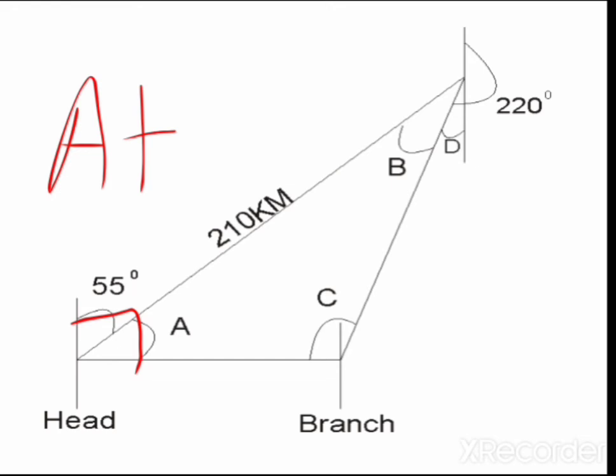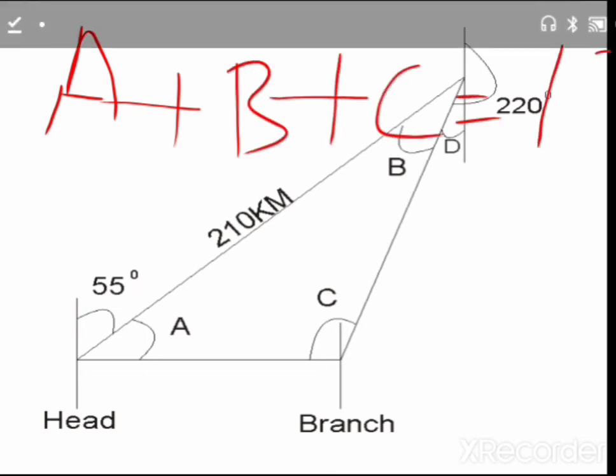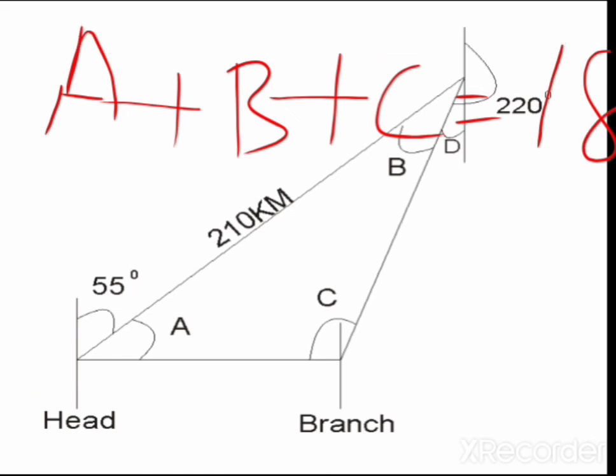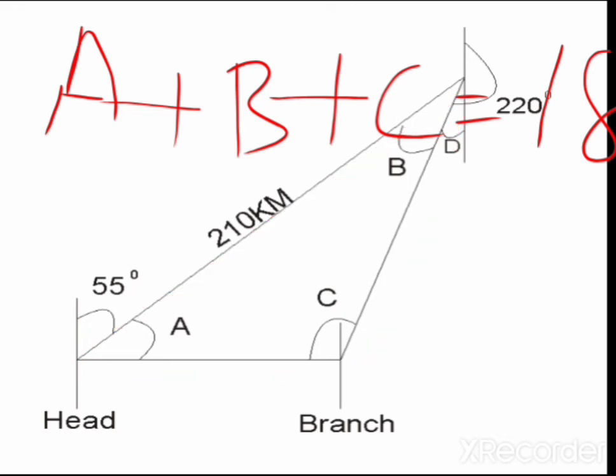Since we have gotten angles A and B, we obtain C directly using the sum of angles in a triangle. A plus B plus C is equal to 180 degrees, the reason being the sum of angles in a triangle is 180.